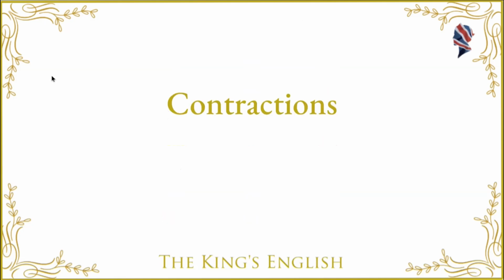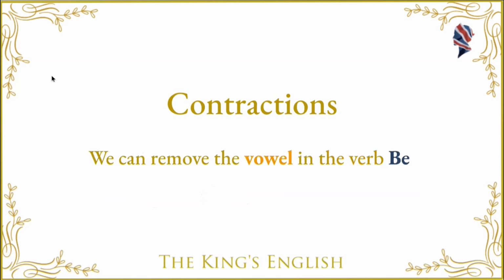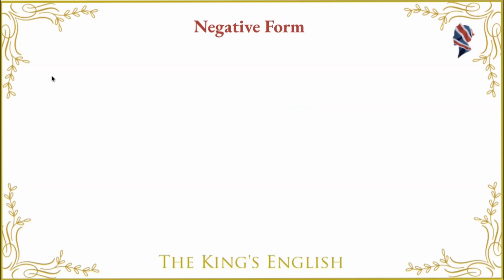Contractions. Negative form. Because there are two vowels in the negative form, we have two choices. We can remove the vowel in the verb be. I'm not.